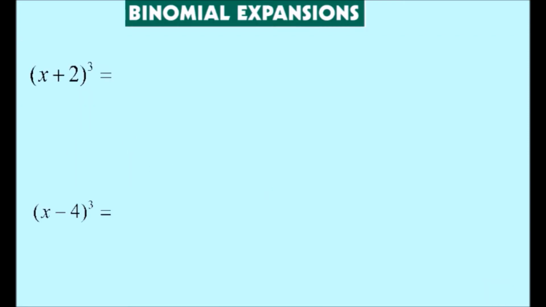So let's expand (x + 2) cubed using that particular technique. The third row of Pascal's triangle is 1, 3, 3 and 1. And then each term will have an x term. So we begin with x to the biggest power, 3, then x squared, then x to the power 1, then x to the power 0, which is 1.